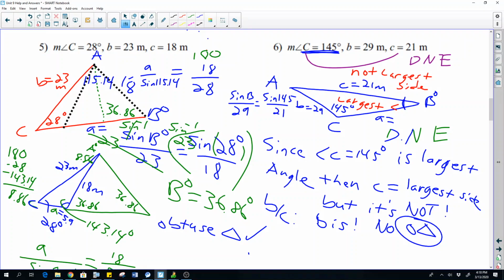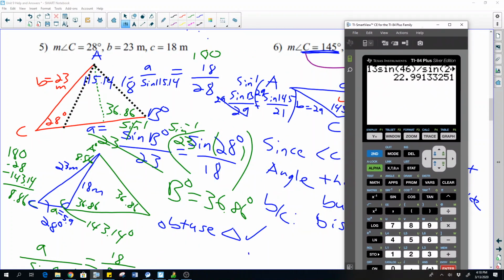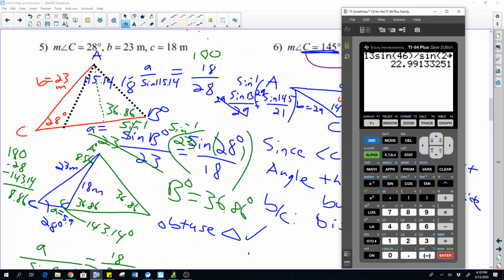Then we would multiply 29 to the other side to solve for angle B, and then go to an inverse sine on both sides. So I wonder if you get an error in your calculator or not, or if you just have to logically know that that triangle doesn't exist.